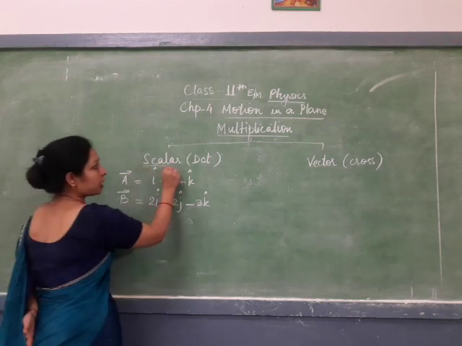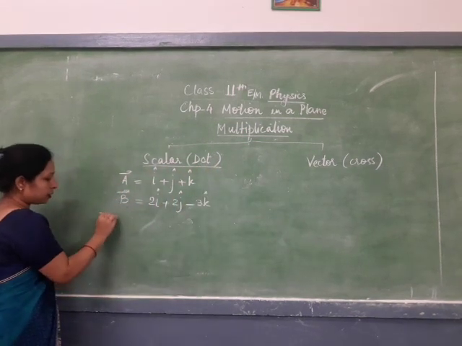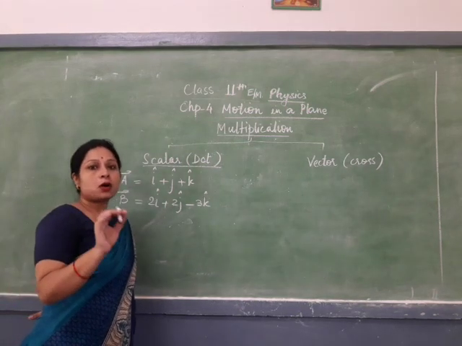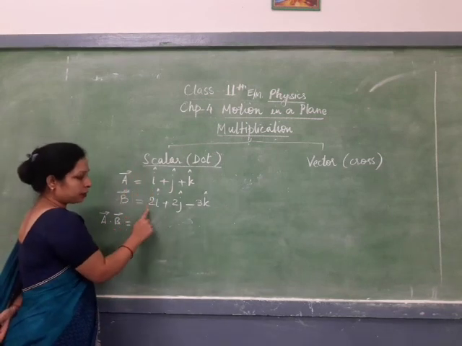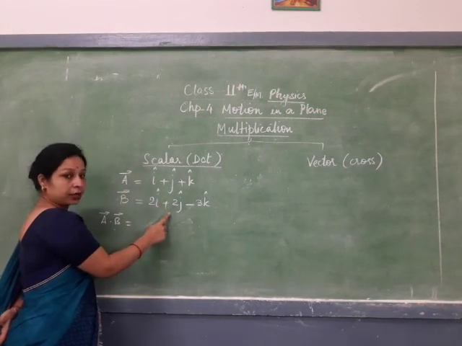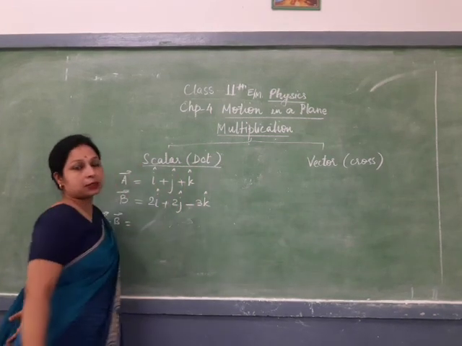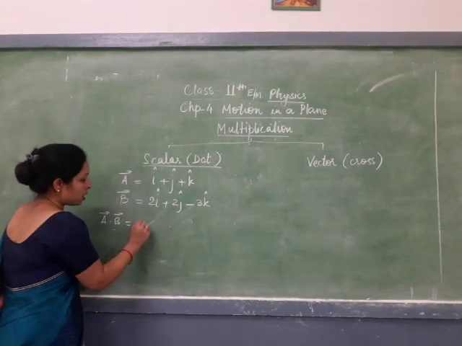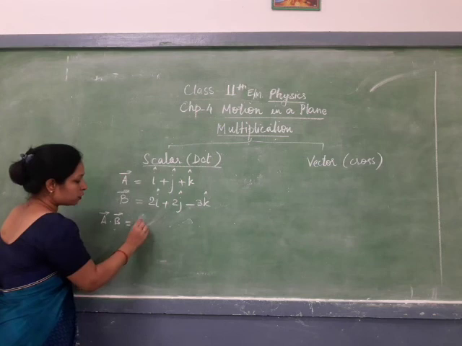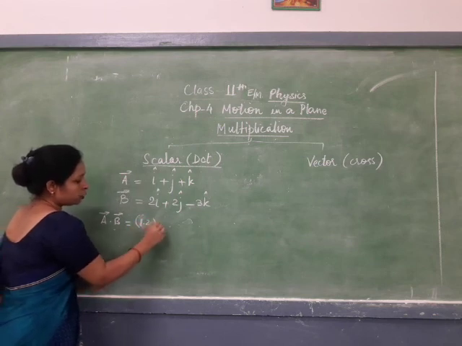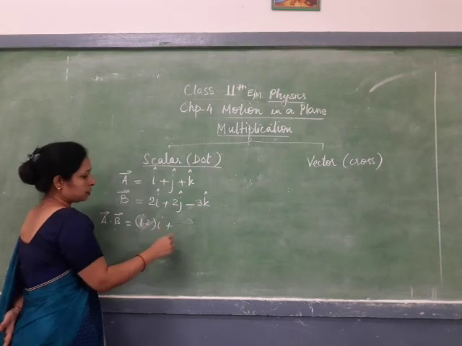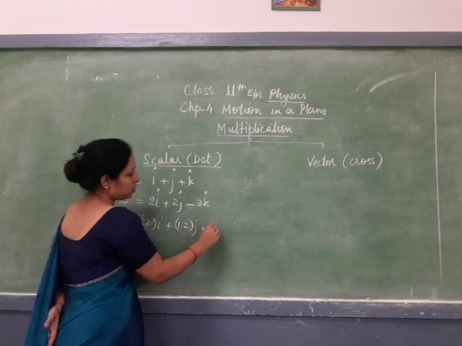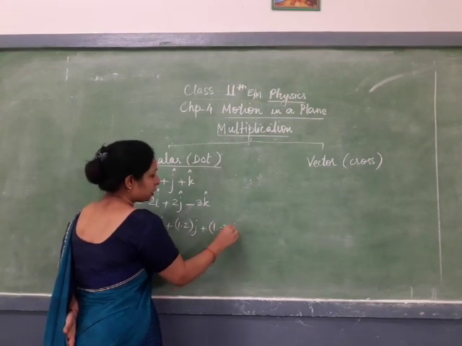Now, how do we get this scalar product? Vector A dot vector B is a simple multiplication of these values. I multiply with i, j multiplies with j, and k multiplies with k. This is the simple method for the scalar product: 1 dot 2 into i, plus 1 dot 2 into j, plus 1 dot minus 3 into k.